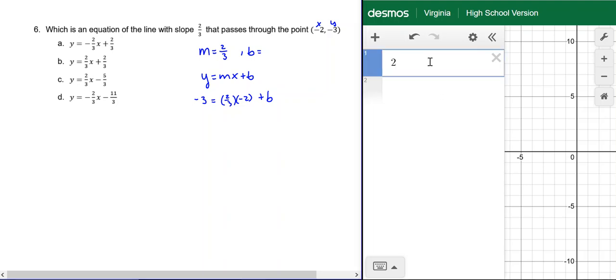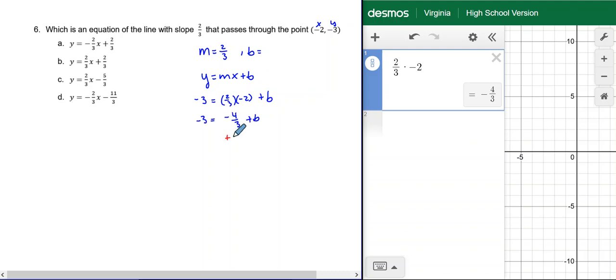So 2 over 3, let me just put that part in Desmos, times -2, and then turn it back into a fraction. So this part right here is -4 over 3. I'm just going to bring everything down. And then we can go ahead and just move this over. Add 4 over 3 on both sides.